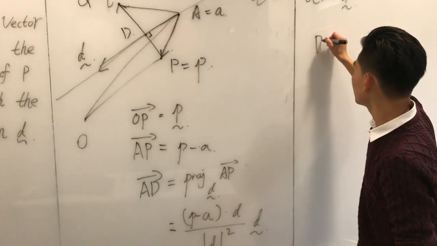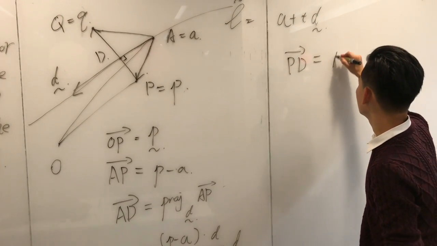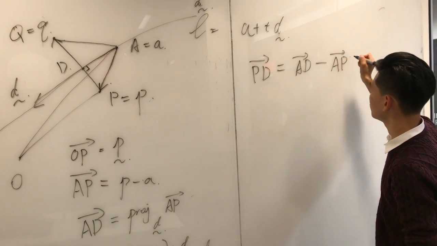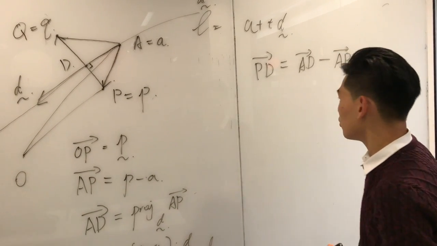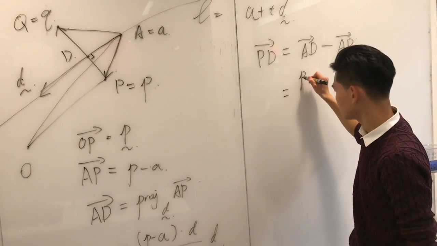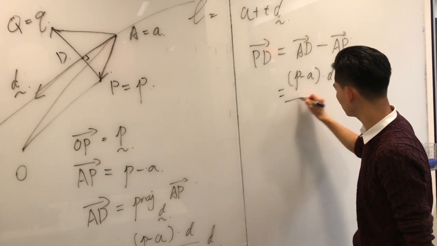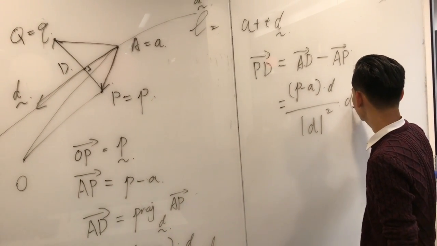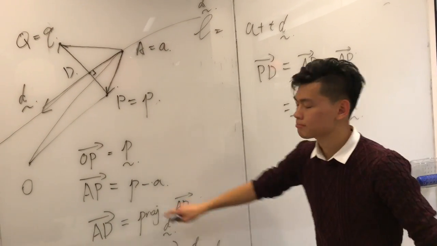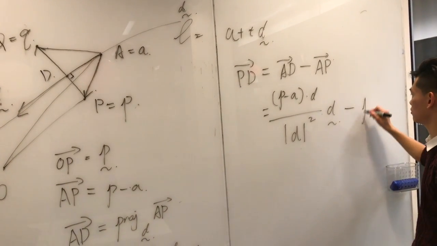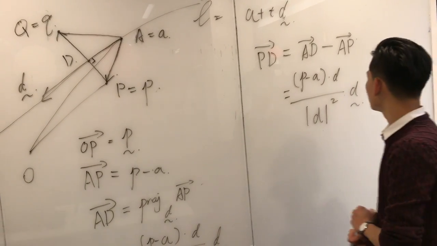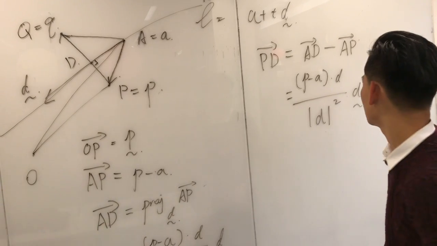So PD equals AD minus AP, right? So what's AD? It's up here: P minus A dot D over D squared, minus AP. So what's AP? P minus A. Right? Now we have PD. We want PQ.